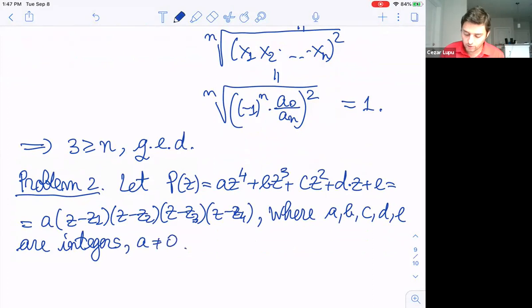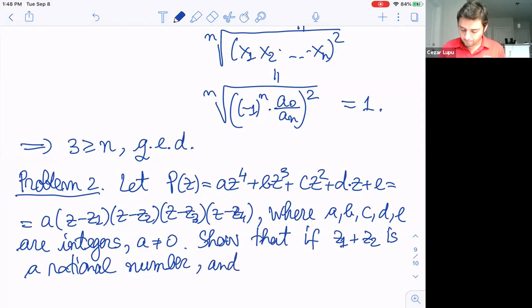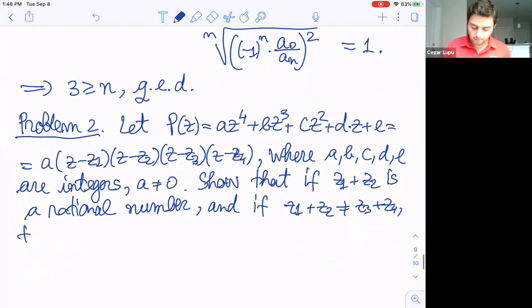And now, here we go. Show that if, in fact, z1 plus z2, these are the roots, right, is a rational number, and if z1 plus z2 is not equal to z3 plus z4, then z1 z2 is a rational number.